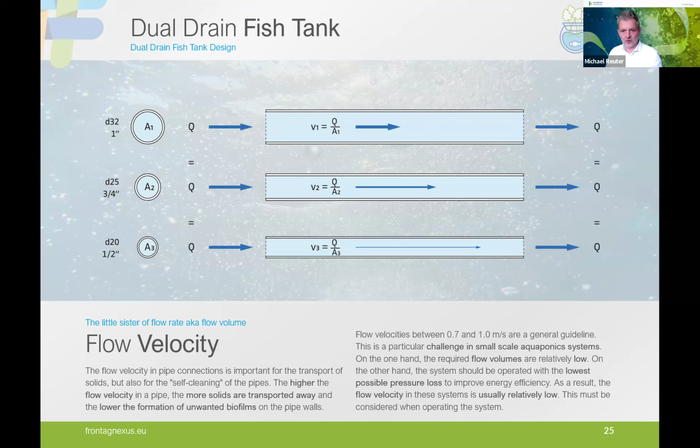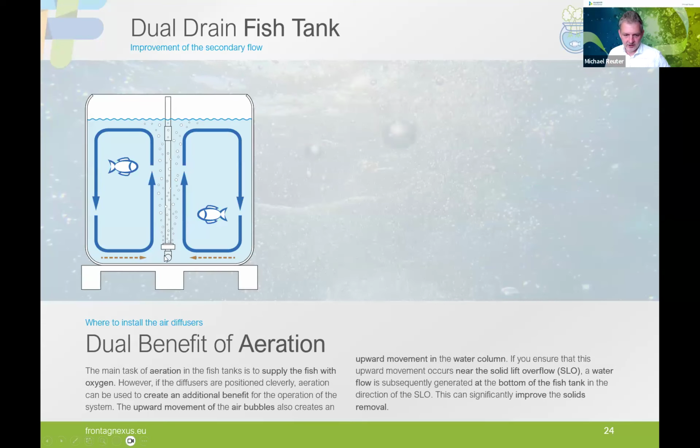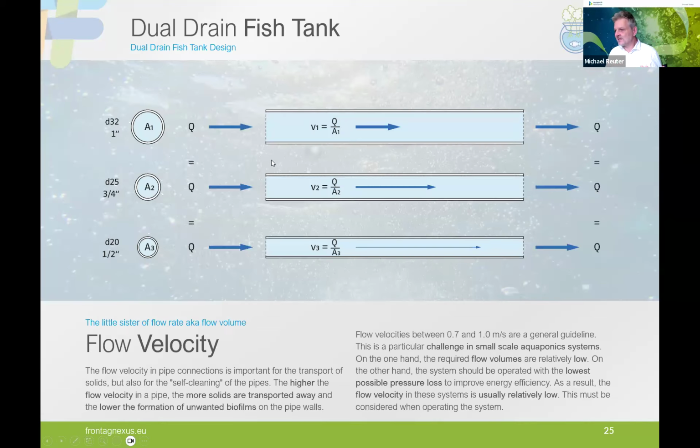And with the SLO, like we see here, the solids have to go up first with the water stream. That means that the water stream has to be that fast that the solids won't settle out inside of the pipe. And second reason is that we want to prevent biofilm to build up on the walls of the pipes, because this will lead to clogging or lower flow rates over time.